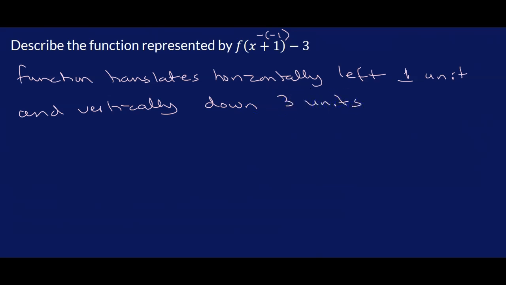So this is how you can describe transformations, and the transformation we're focused on is translation. Translation simply means we're sliding left or right, up or down, and here we've looked at some examples on how you can look at the function and determine what type of transformation is happening. We've also looked at describing the transformation and then deciding what the function representation of that transformation is.